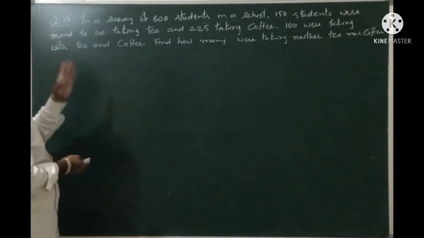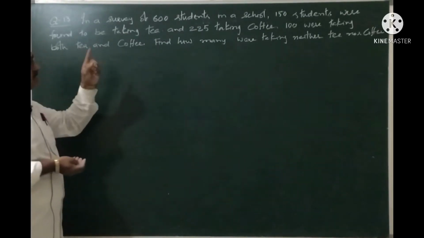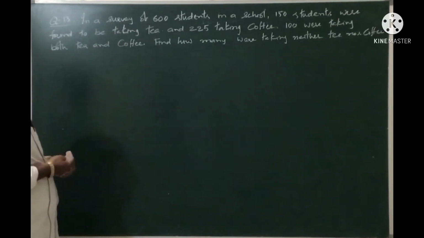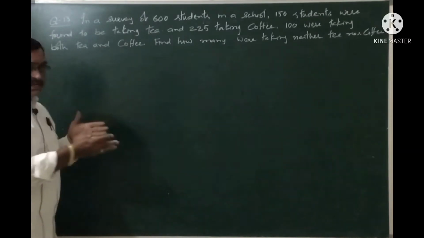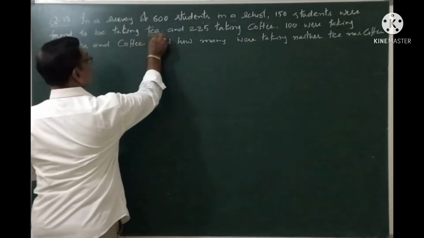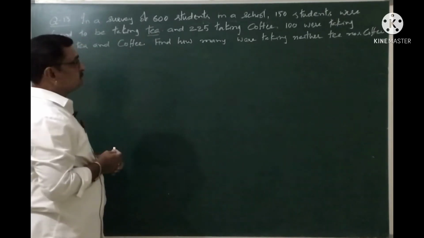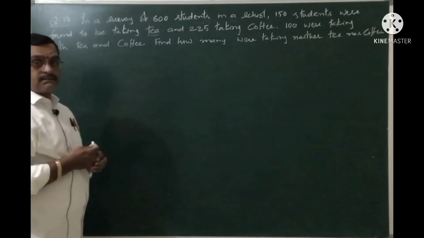Next one, 13th question. In a survey of 600 students of a school, 150 students were found to be taking tea, whereas 225 taking coffee. 100 were taking both tea and coffee.